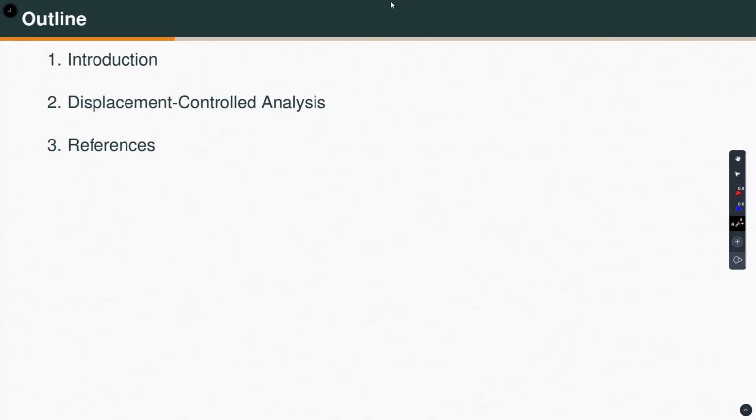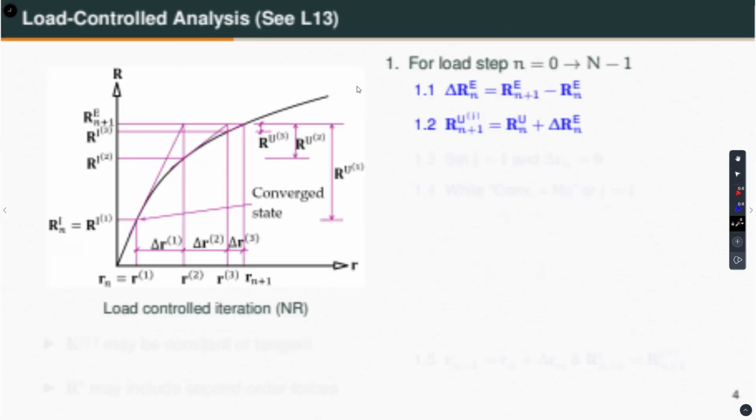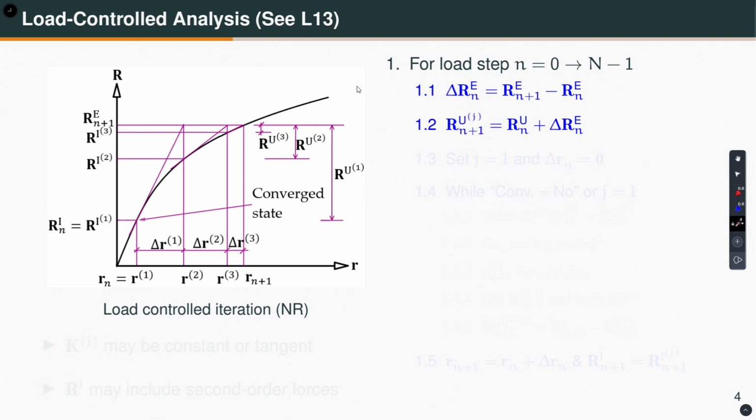So, in this topic, we will just get started, and moving forward in another couple of lectures, we will study more about this. So, today we will introduce and then talk about displacement controlled analysis. Okay. So, let us recall in lecture number 13, where I gave you an overview of solution strategies for nonlinear problem, we have discussed what is called the load controlled analysis.